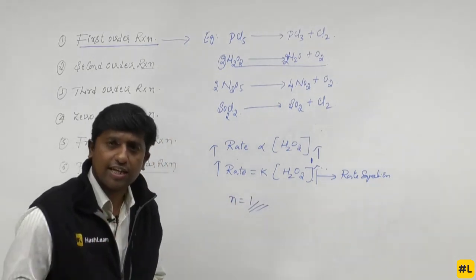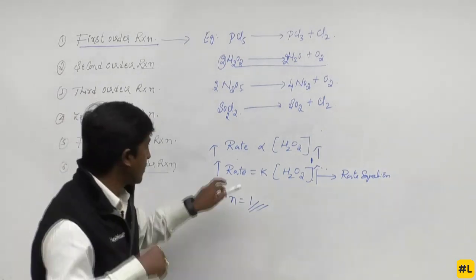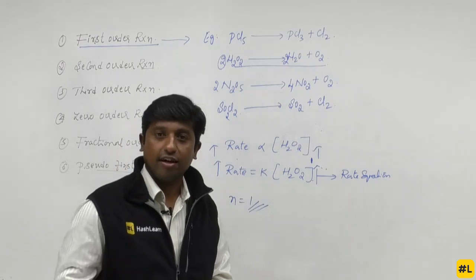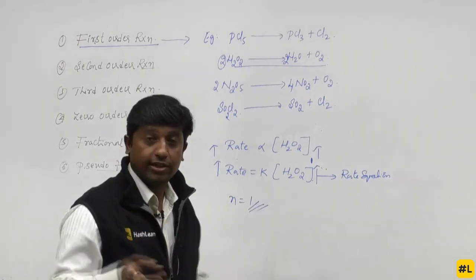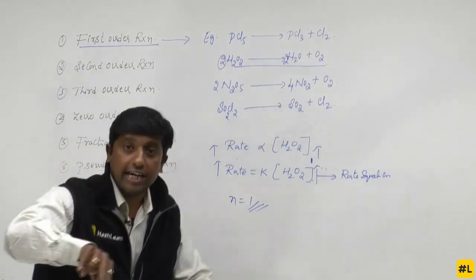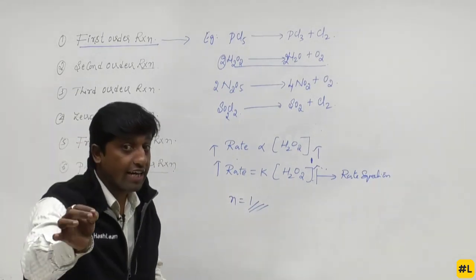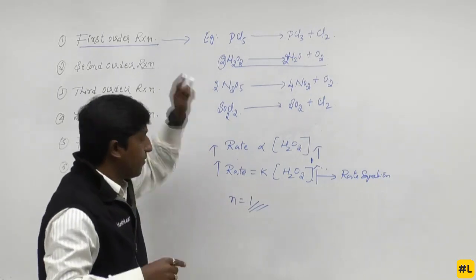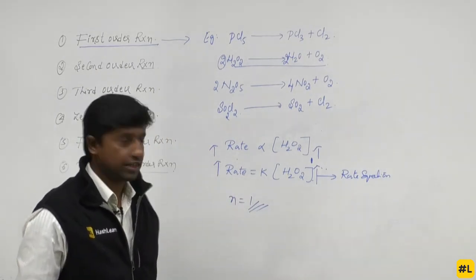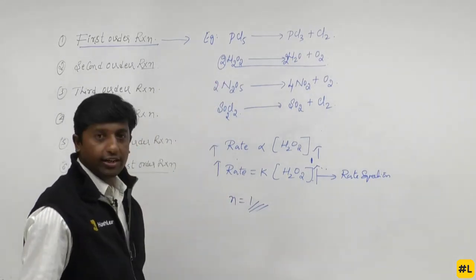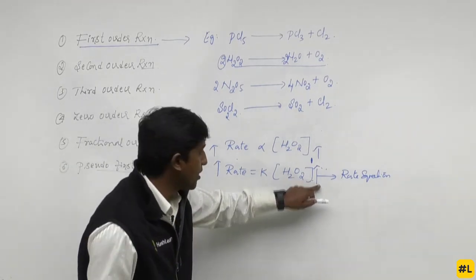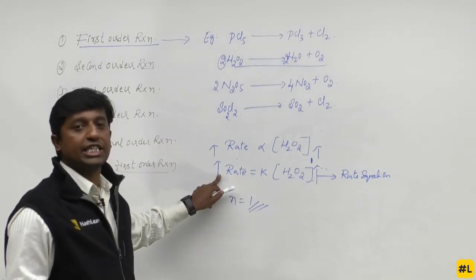Order of reaction tells us how many times the rate of the reaction increases with increase in the concentration of reactant. Whether the rate increases by 1 time, by twice, or by thrice. Students, in this particular equation, we can see that when we increase the concentration of hydrogen peroxide by 1 time, the rate is increasing by 1 time.